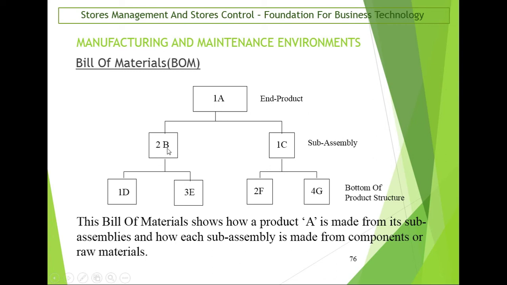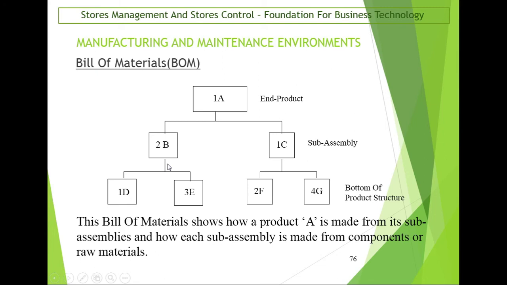So which means that for us to have 2 of B, we need 6 of E, because the product structure only gives us the quantities for making 1 of each parent.